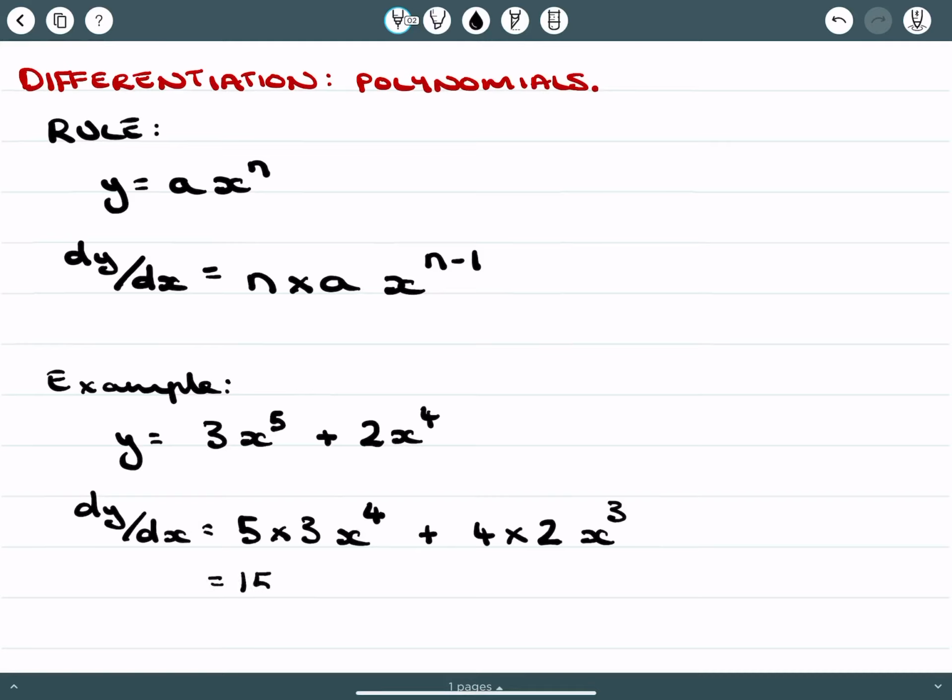That gives us 15x to the power of 4 plus 8x cubed.